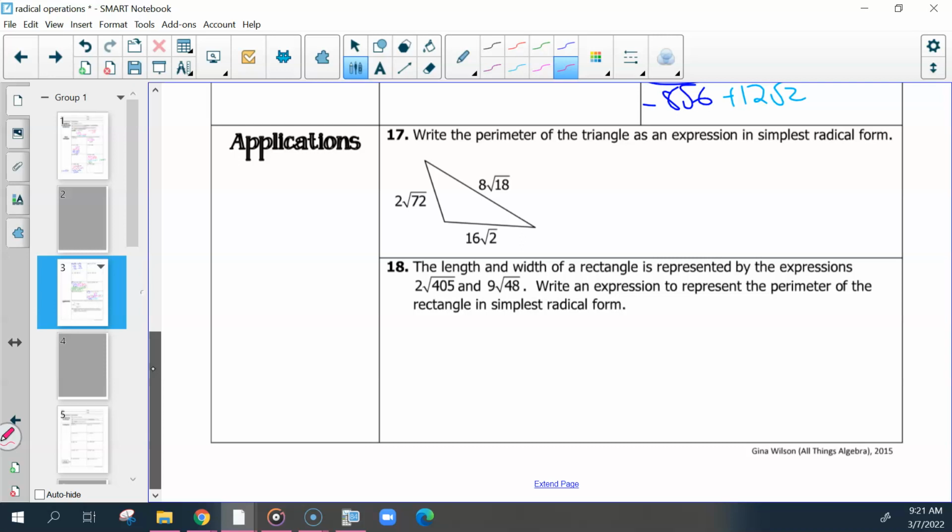Either draw yourself a rectangle, put those 2 on it. So let's say this is the width, this is the length. We're looking for the perimeter. How do we find perimeter? Add up all the sides. But with this, they only give you 2 of the sides. So we would also need to add this up here and here.